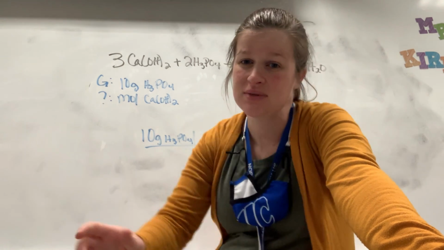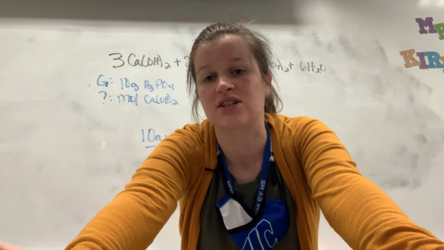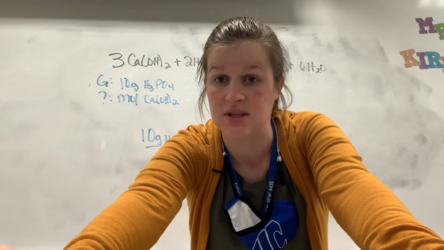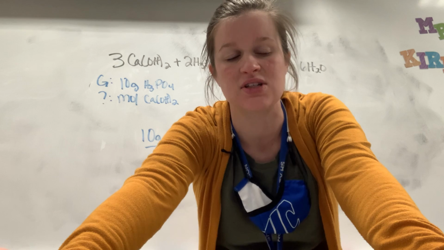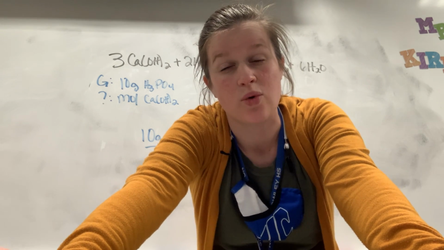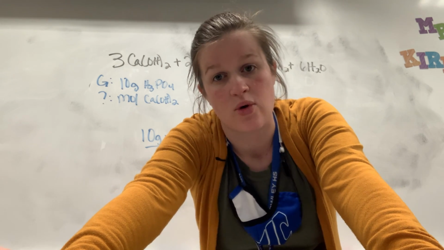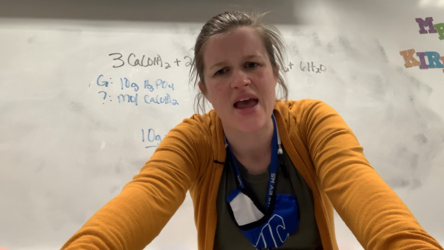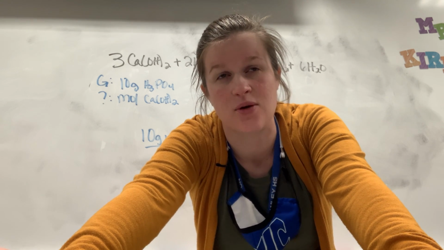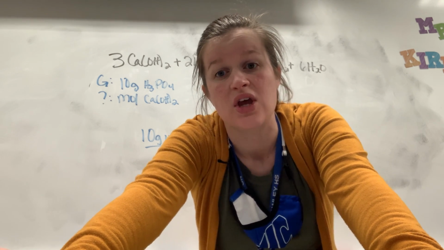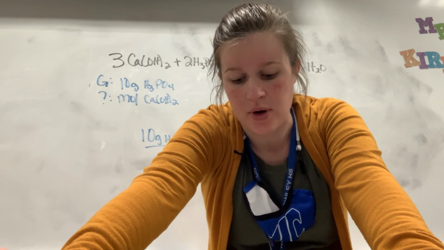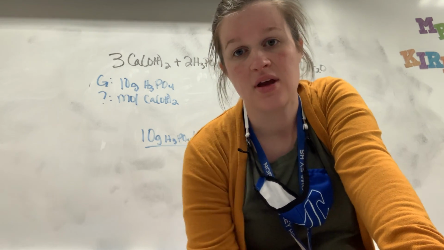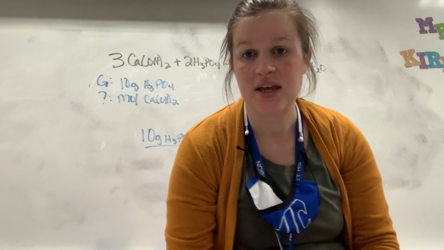And so we start with our given. We're in grams. There's 4 different things that you can undo. You can undo grams by doing molar mass. So if you ever see grams and you want to go to or from moles, you need molar mass. If you see atoms, molecules, particles, ions, and you want to go to or from moles, you need Avogadro's number, which is 6.02 times 10 to the 23rd. If you see liters, it depends on what it is.